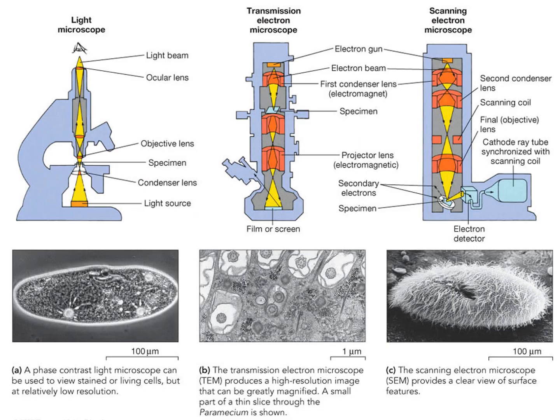So this just shows the difference between the light and electron microscopes. So the light microscope is over here on the left, and I'm looking at a paramecium here. And in the middle, this is a transmission electron microscope. So this one, we've cut our paramecium into a thin section, and then we've coated it with some heavy metals.